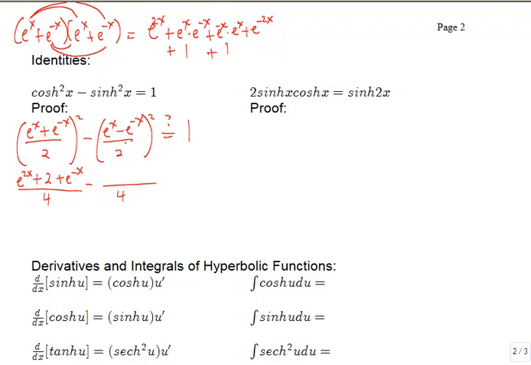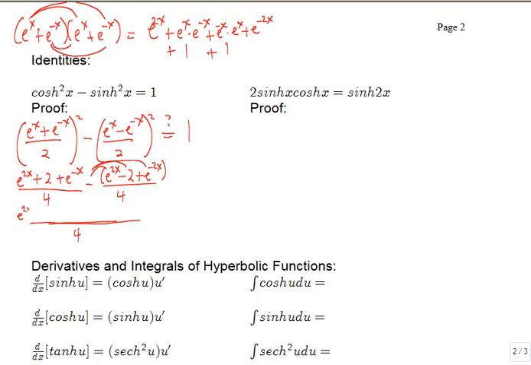Now, this one is going to be exactly the same, but the middle term will be minus because this sign in between is a minus. So we're going to still get an e to the 2x, but we'll get a minus 2, and we'll still have a plus e to the negative 2x. Now we want to distribute this negative across, and I'm going to go ahead and consolidate this into a single fraction with a denominator of 4.